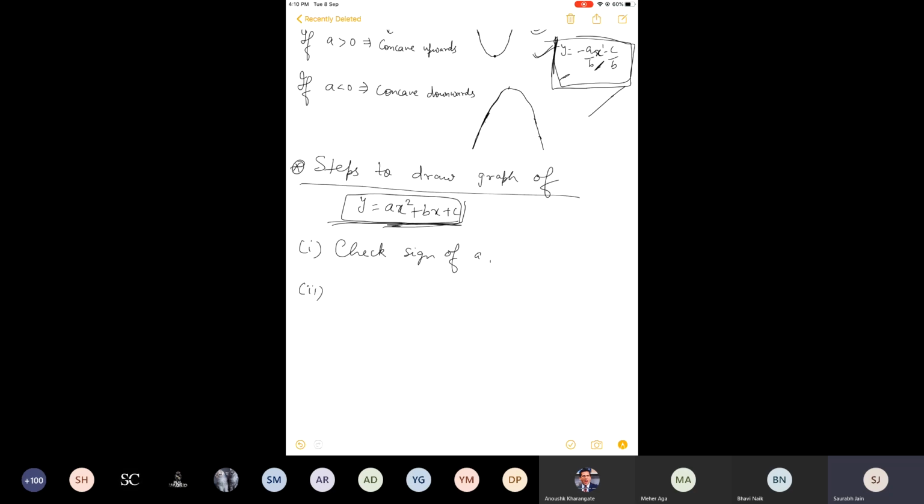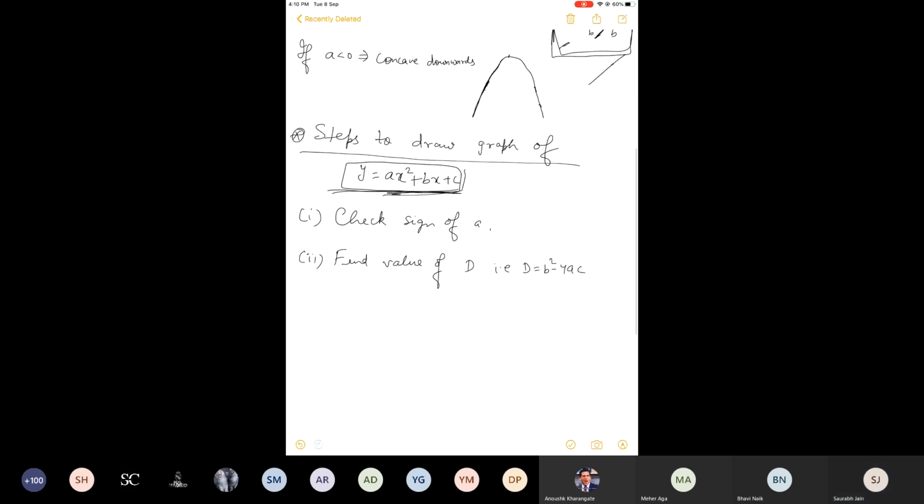First of all, check the sign of a. After this, find the value of D. What is D? D is the discriminant, that is b square minus 4ac. Now on the basis of the sign of D, three cases will arise: if D is positive, if D is 0, if D is negative.